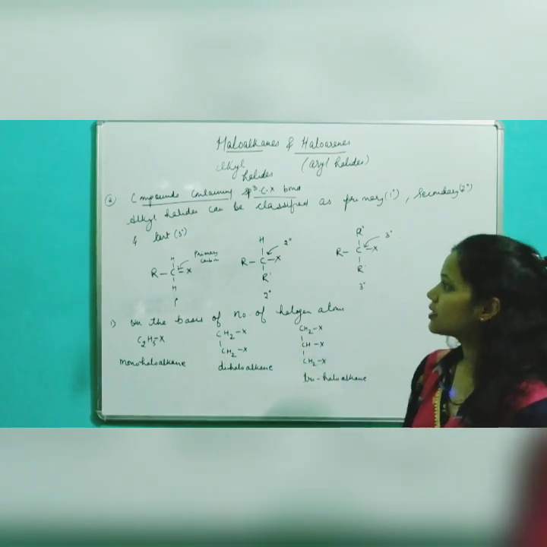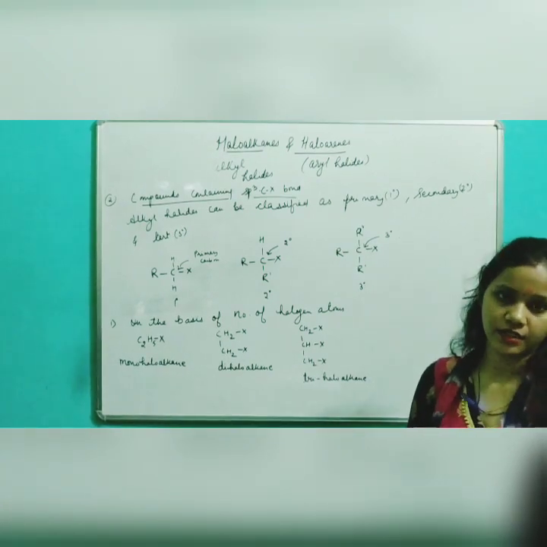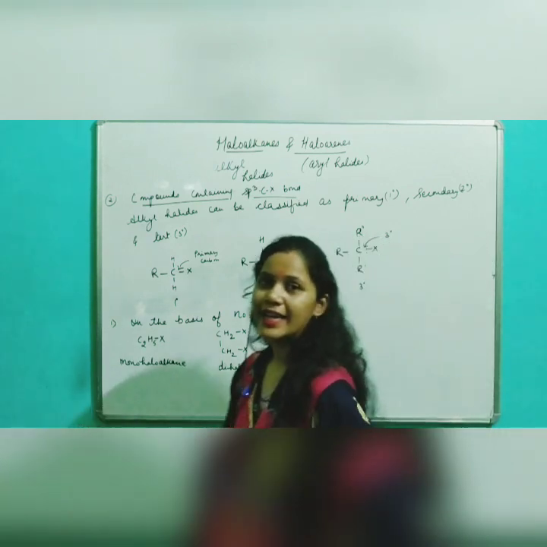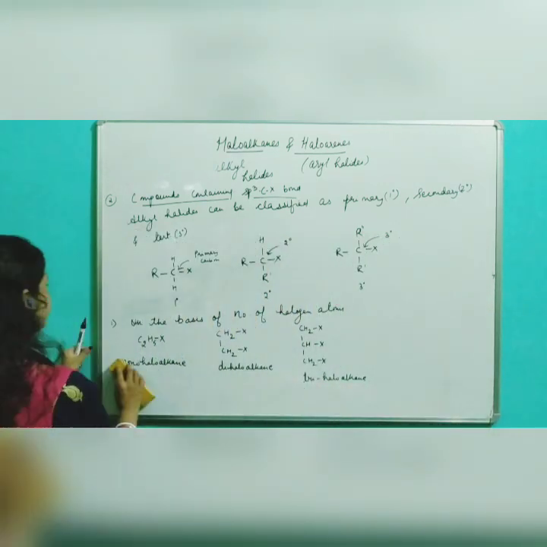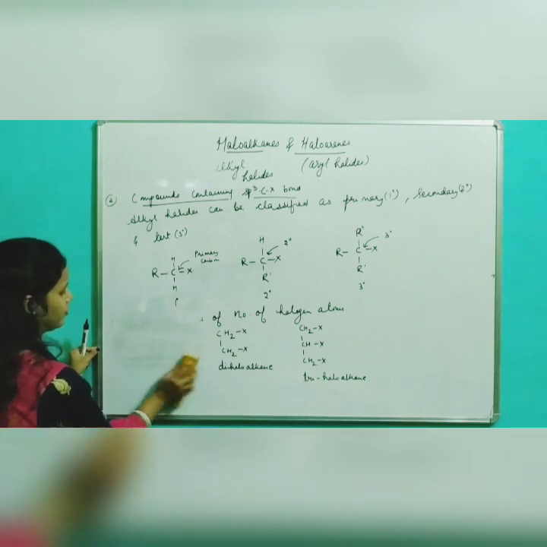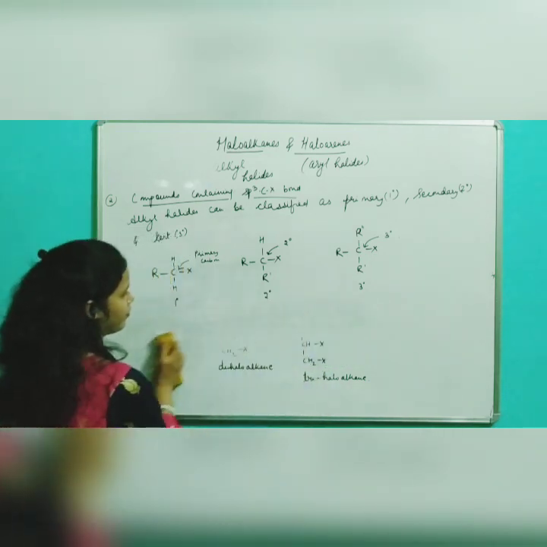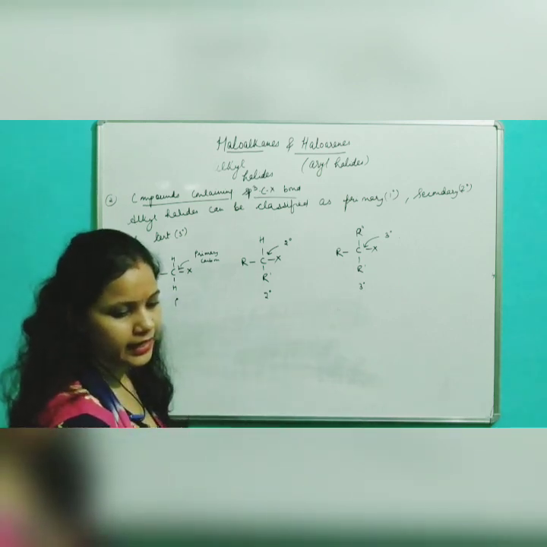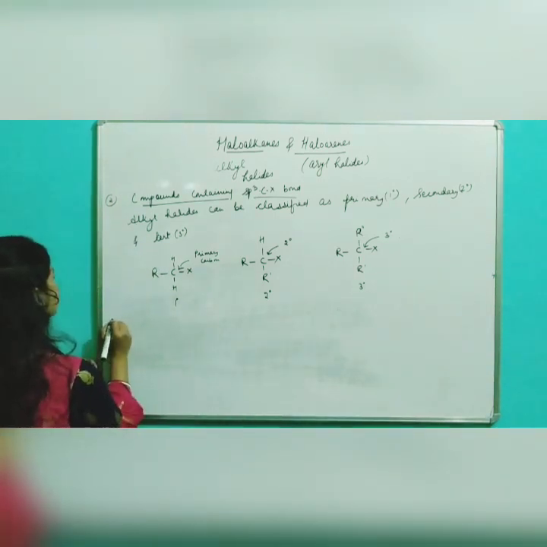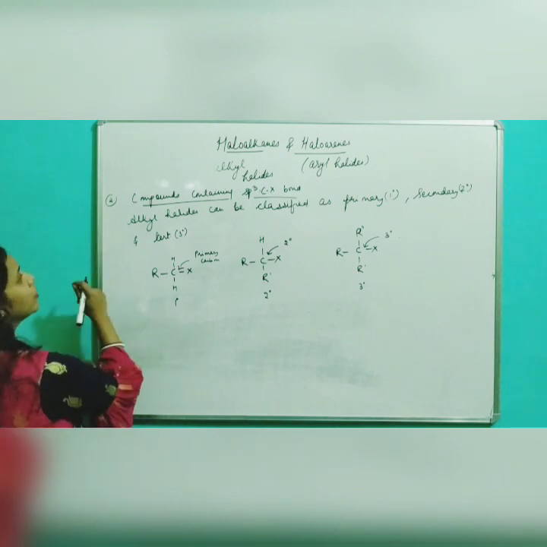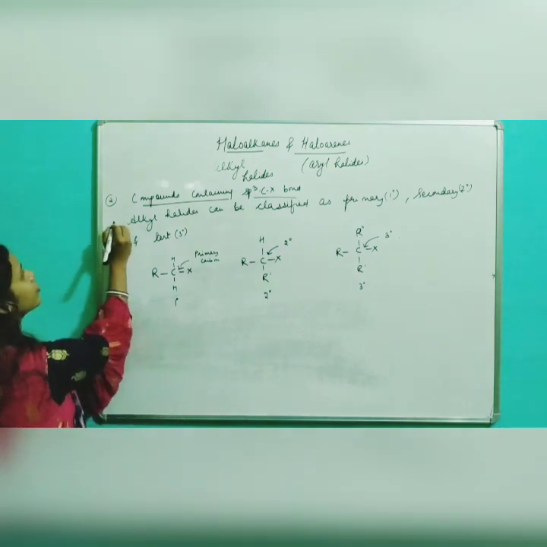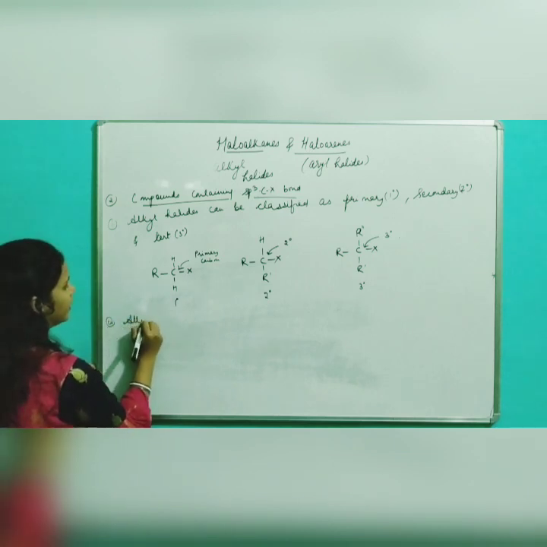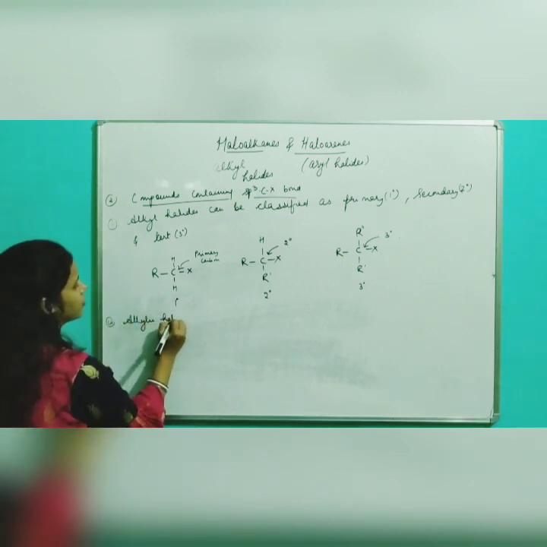Then next is allylic halides. This was alkyl halides, sp3 hybridized. Next we will do allylic halides. This was part 1, then part 2 is allylic halides.